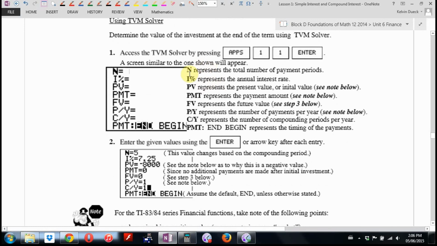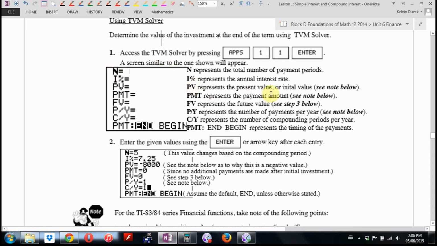But for now, we can use the solver, a screen similar to the one we'll show. So the TI, I think, Zach, you have the TI. Their solver this time is set up very similar to ours. It's the same kind of syntax, except I think ours has a lowercase n right there. N is the total number of payment periods, number of years. I is the annual interest rate. PV represents the present value or initial value. See note below. This is going to be important. Unfortunately, this isn't completely clear and simple.